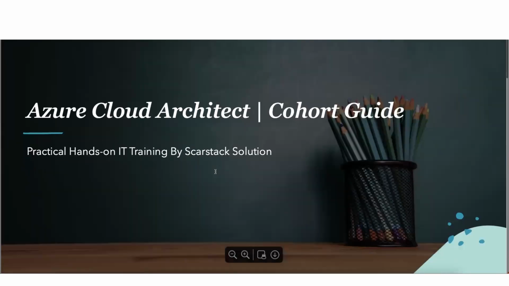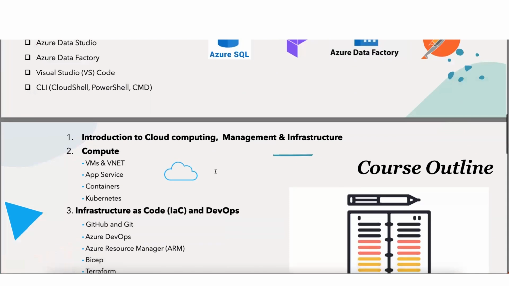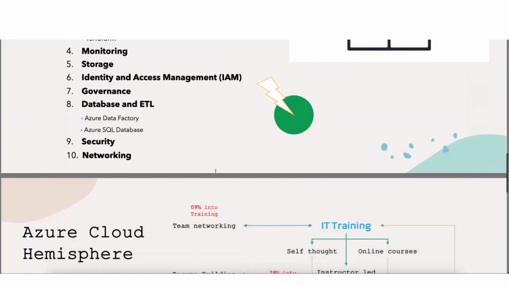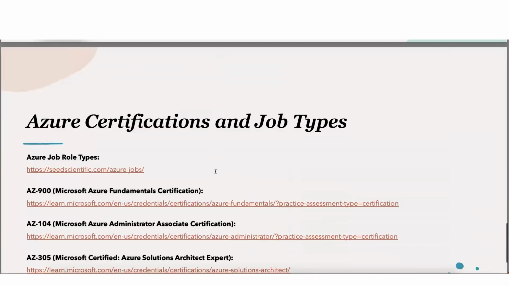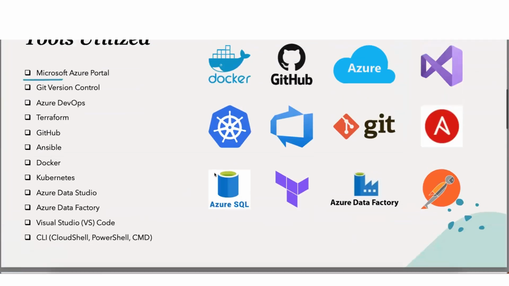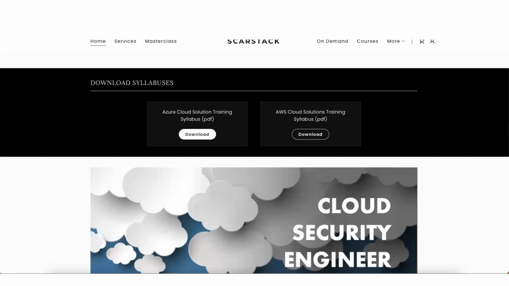When we click on that, we see some of those details, a little bit of the PDF documentation, and you can see the breakdown of all of those in there. Those details are there to help you understand exactly what you're going to be learning with ScarStack Solution.